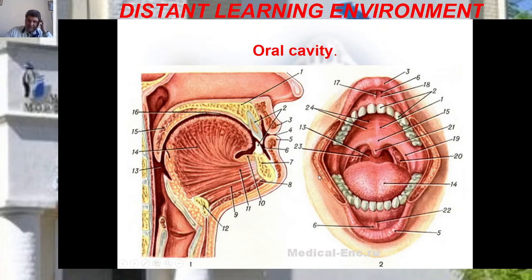Next, let's talk about palate. The palate consists of two parts. Anterior two-thirds have bony foundation or palatum ossum, and you know this part of palate from your knowledge about skull, and posterior third is soft palate.